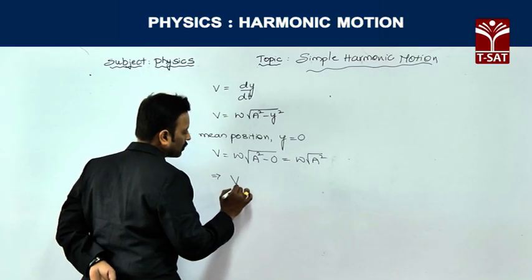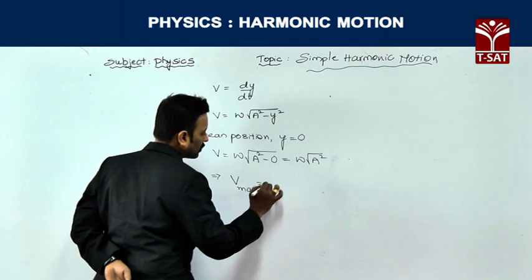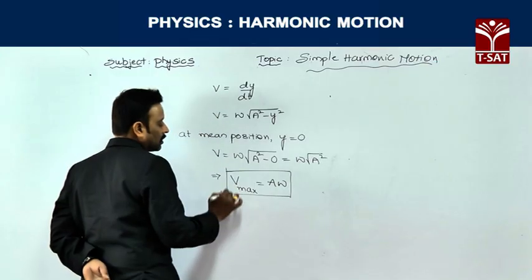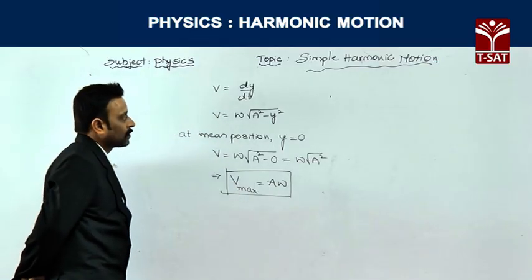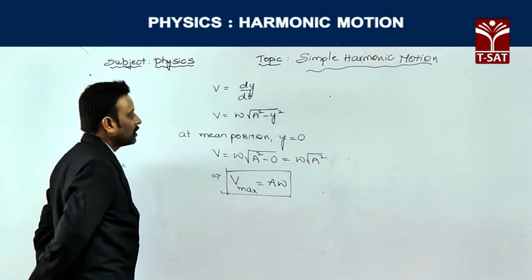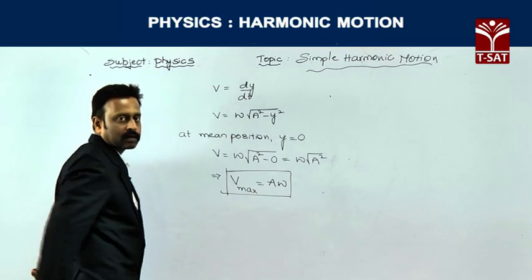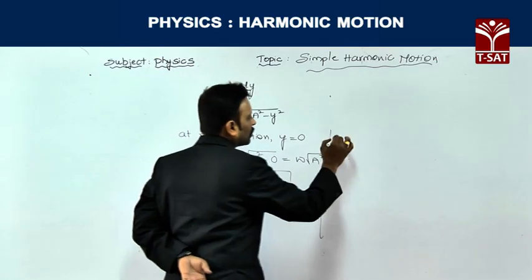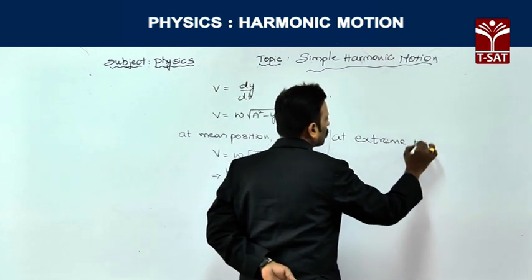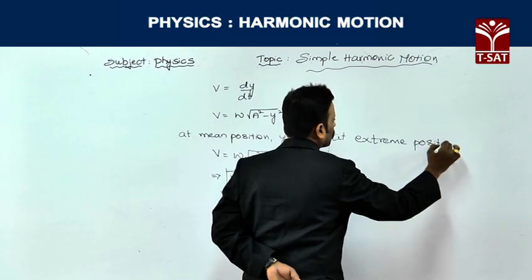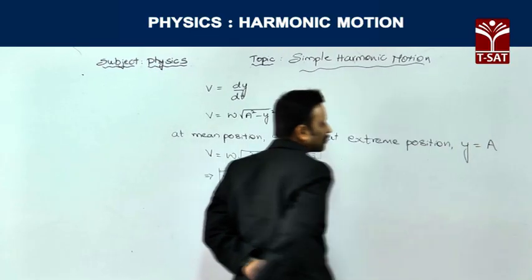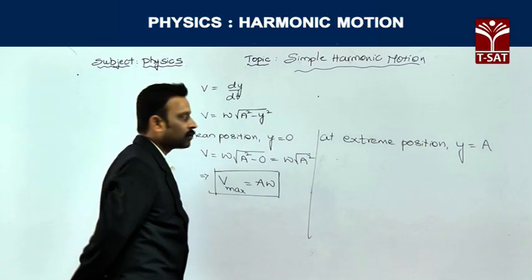From this, the formula for maximum velocity is a omega. That means the velocity of a particle executing simple harmonic motion is maximum when the particle is at mean position. Then at extreme position, displacement of the particle is maximum, which is amplitude.